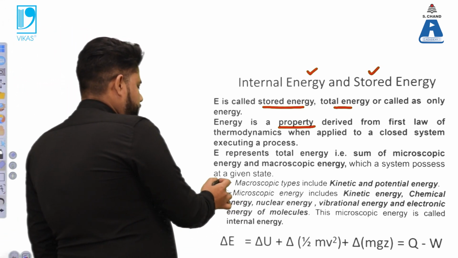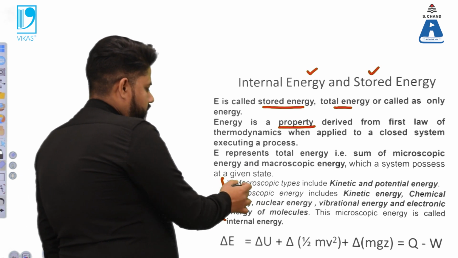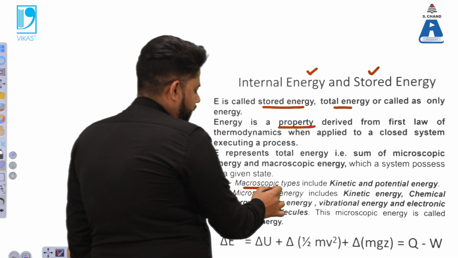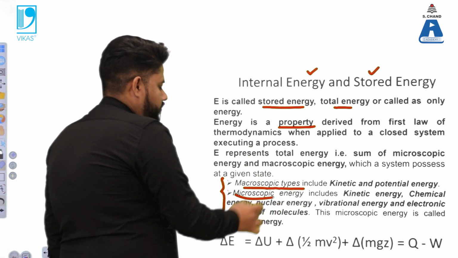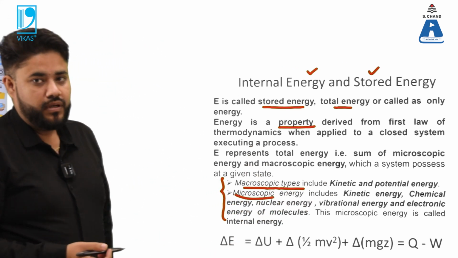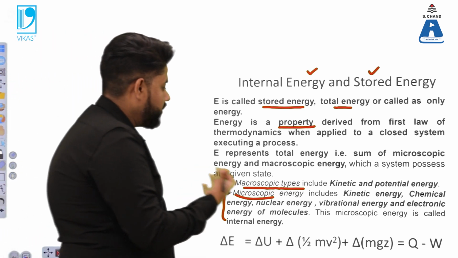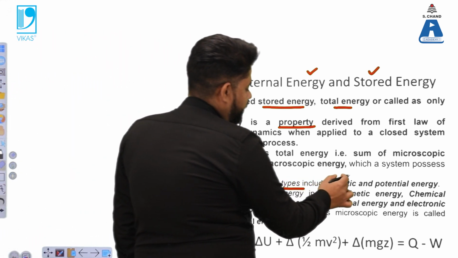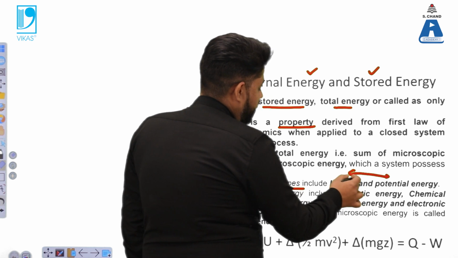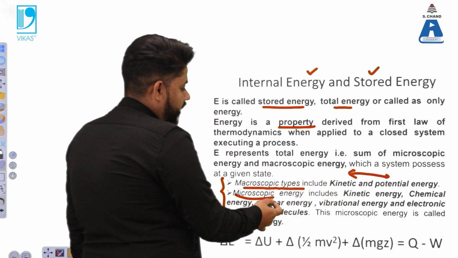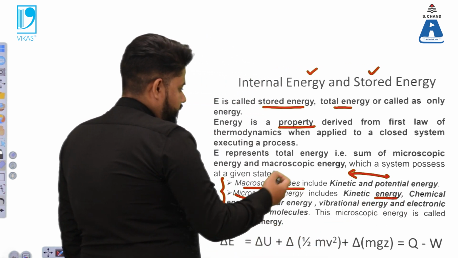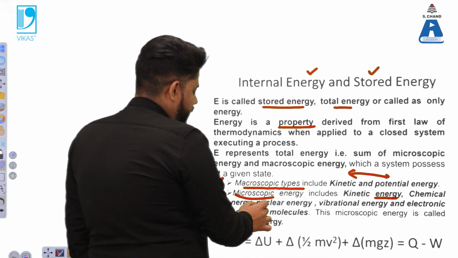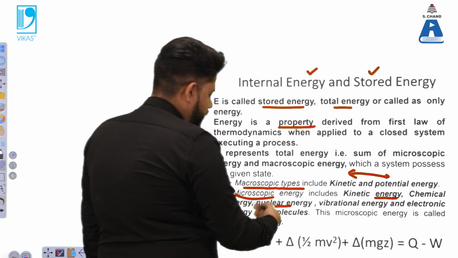Here, if I talk about certain organizations like microscopic type organization of this energy or the macroscopic type organization. So in terms of macroscopic categorizations, you have categories like potential energy and kinetic energies, and for microscopic categorization you have nuclear energy, vibrational energy or whatnot.